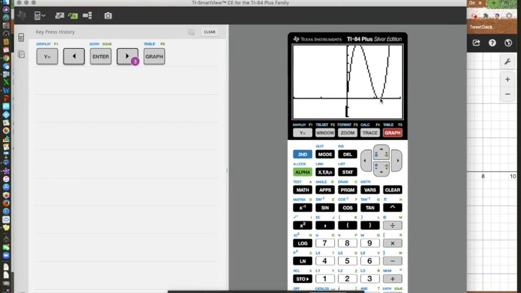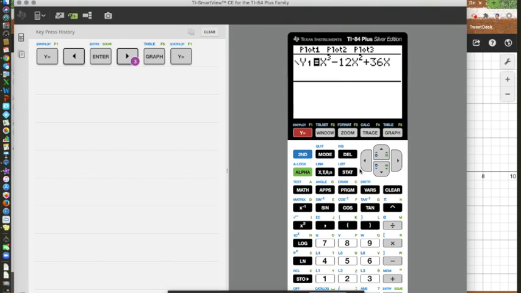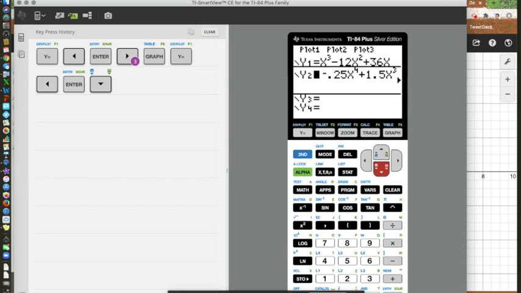I had a turning point down here, and it turned one more time, and then it was going up or increasing, so it was down on the left, up on the right. What we expected out of this particular cubic. I'm going to go back into my y equals. I'm going to turn off my cubic, and I'm going to go down here and I'm going to turn on my fourth power.